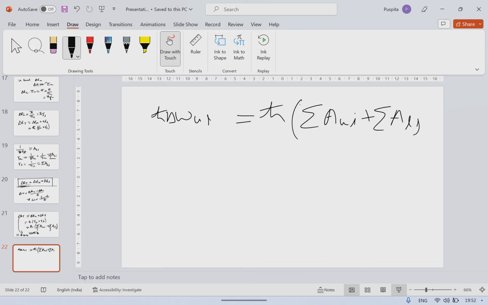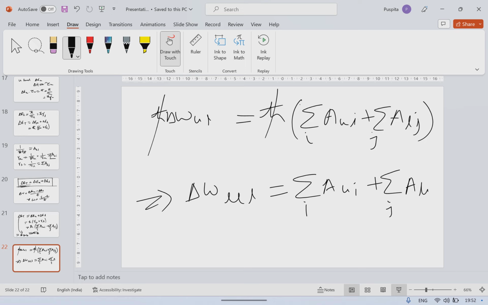So h cut will get cancelled, and we get delta omega_UL equal to the sum of A_U_I plus the sum of A_L_J. Okay, this is in terms of omega.